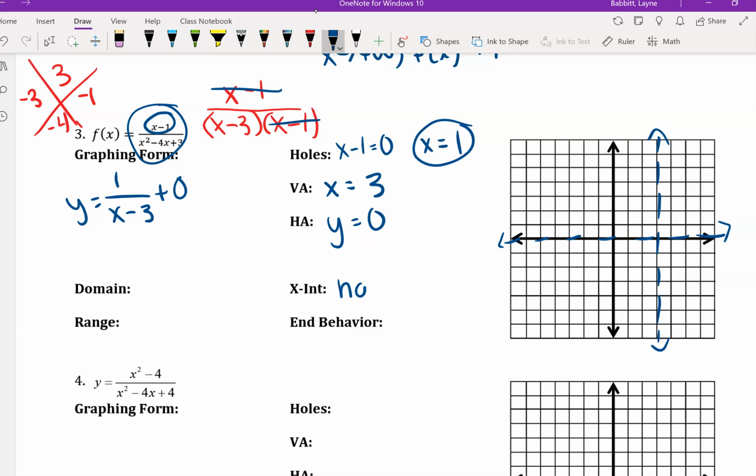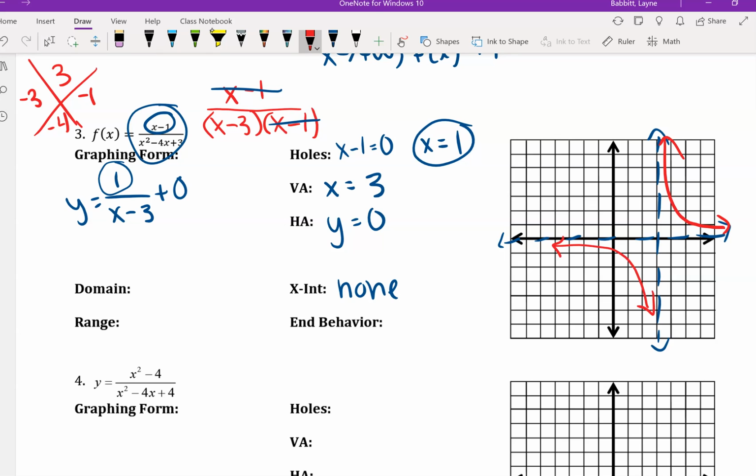So there's no x-intercept. And I know that because it's positive here when it's in graphing form, my curve is going to be in quadrant 1 and quadrant 3.